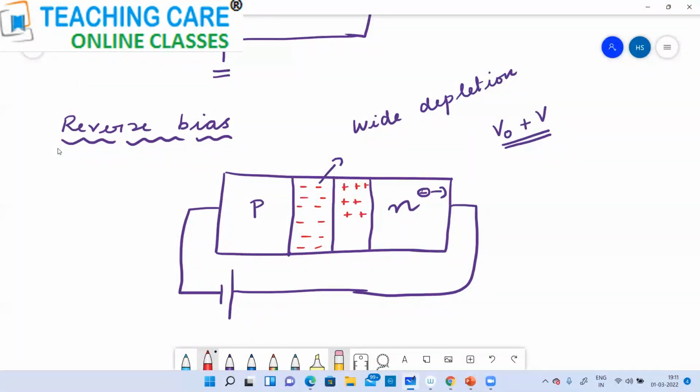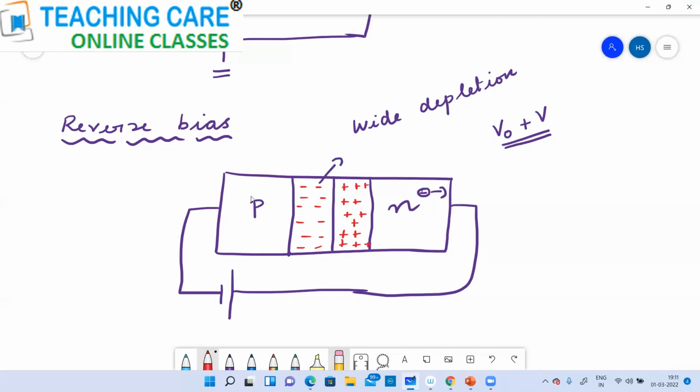Can you explain that leakage current again? Which one, ma'am? You said that leakage is minority carriers flowing. Minority carriers are independent of the applied voltage. When it is reverse biased, which is the minority carrier here?